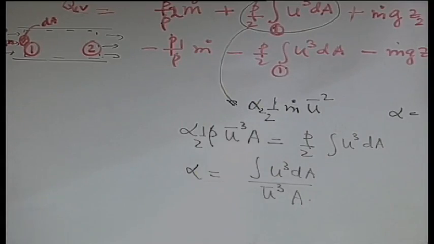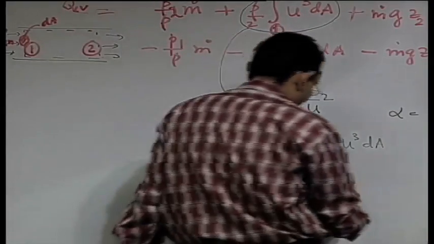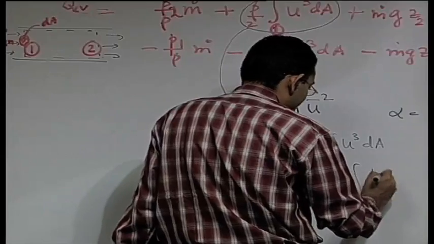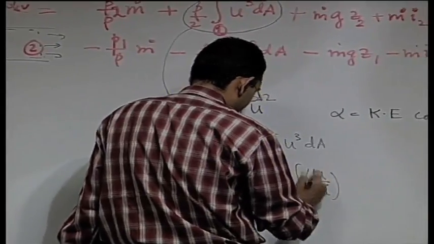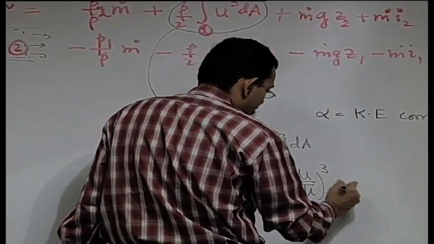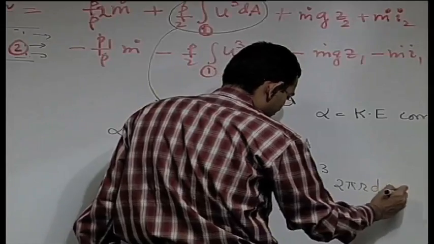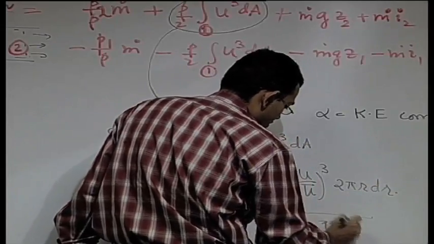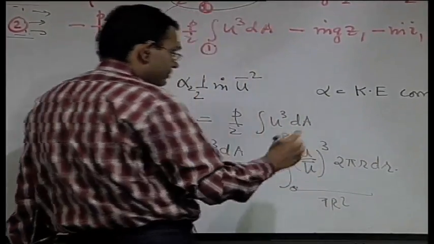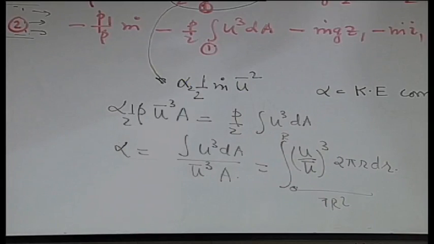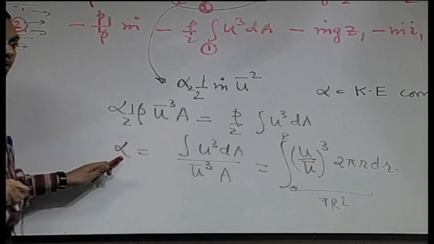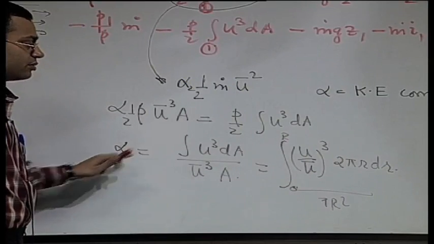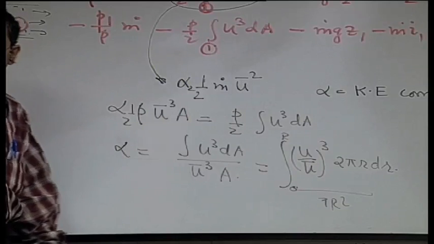For a circular pipe, this is as good as u by u average whole cube, dA is 2 pi r dr by pi r square from 0 to R. So you can calculate the kinetic energy correction factor given the velocity profile.